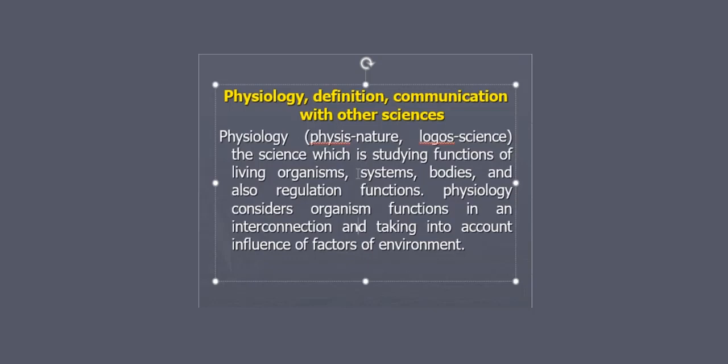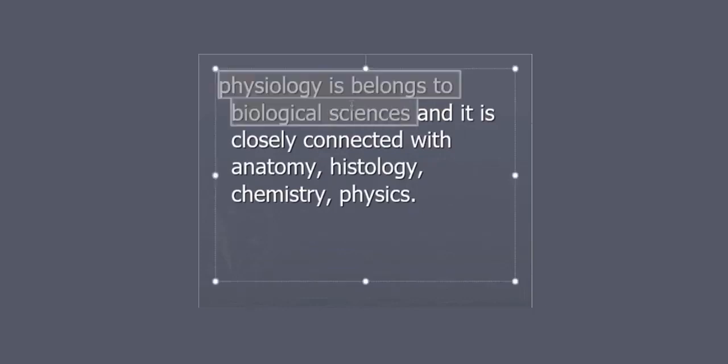If you want to study physiology, you must have knowledge of anatomy, mostly, because anatomy and histology are connected to each other. It said physiology belongs to biological science, which is very obvious, and it is closely connected with anatomy, histology, chemistry, physics, etc.